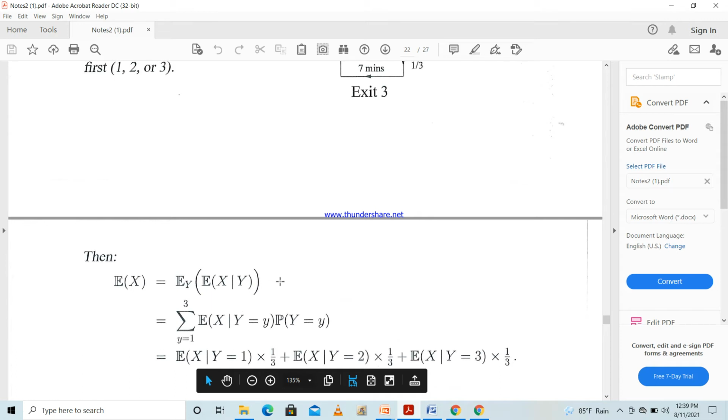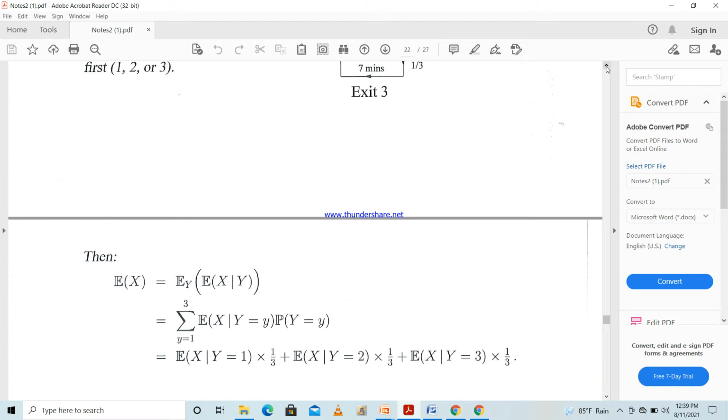And then we can just write this as the sum of expected value of X given Y times the probability of Y, where Y goes from 1 to 3 since we have 3 options. Now let's take the case when Y is equal to 1. That is the expected value of X given Y equal to 1.